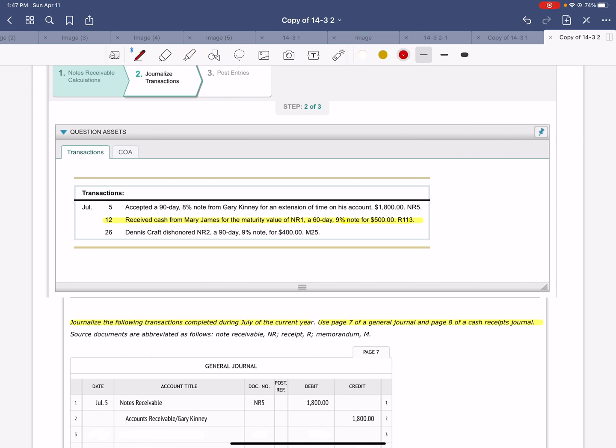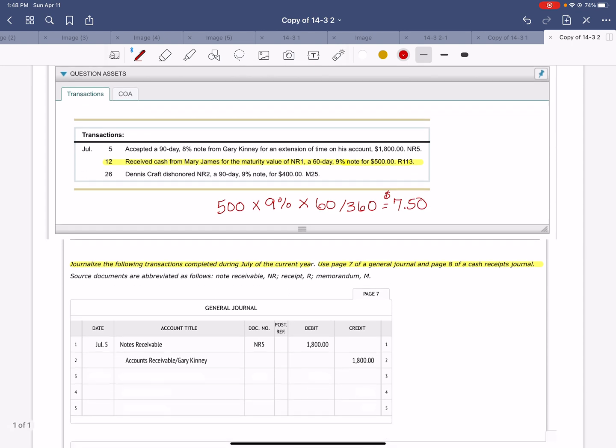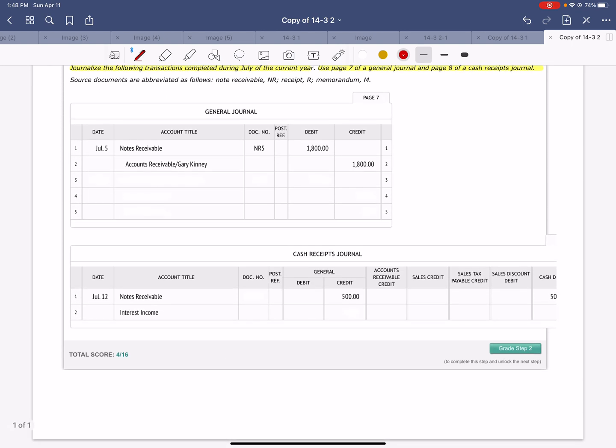So to figure out the interest, we take the principal of 500 times our interest rate times the number of days divided by the portion of the year, 360. So if we plug that into our calculator, we would come up with $7.50 interest. Okay, so we'll go down here and we'll record $7.50 in interest.